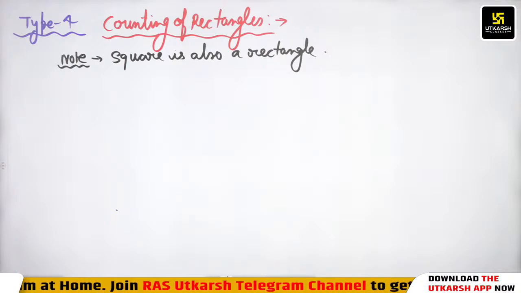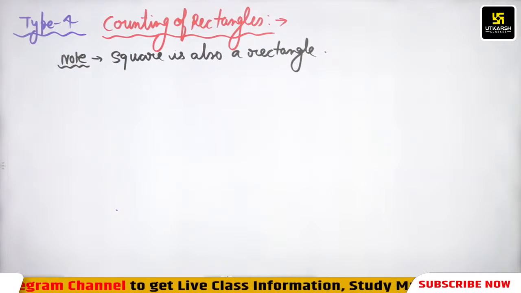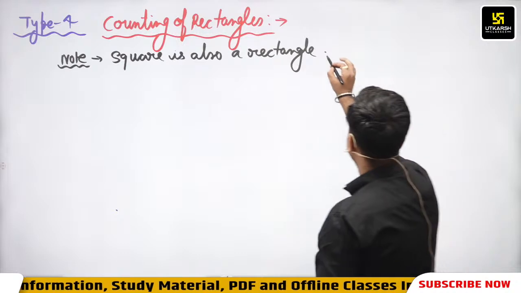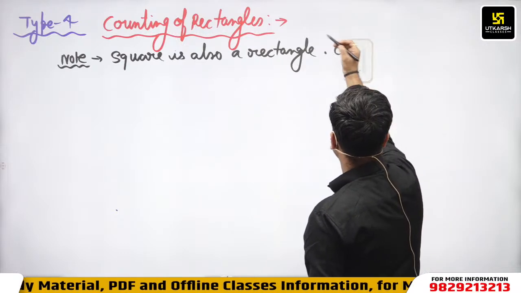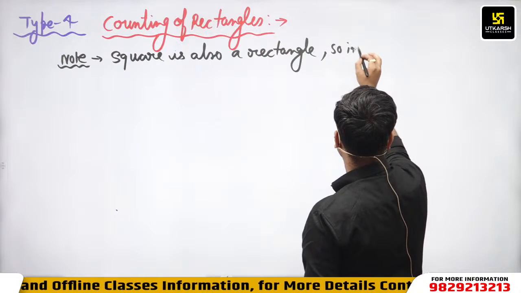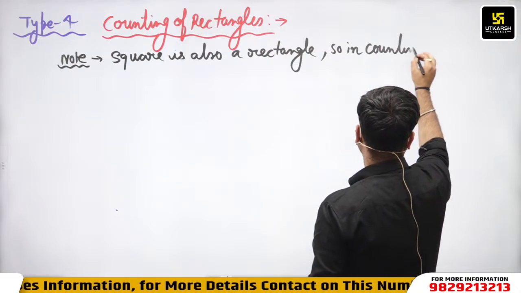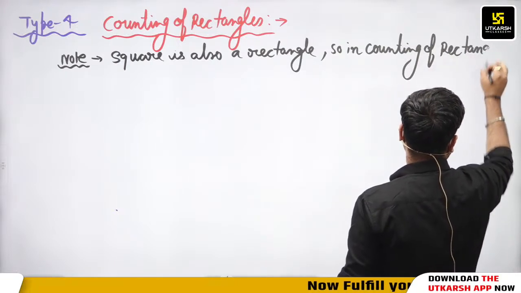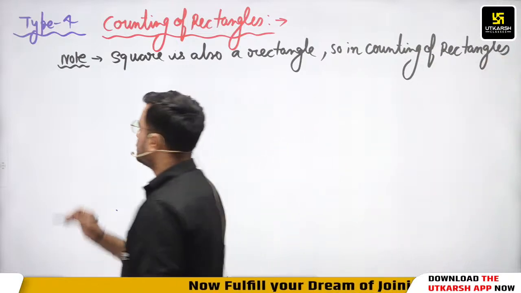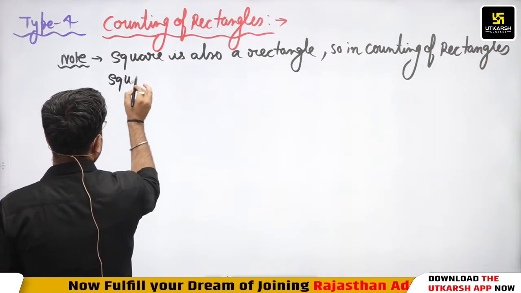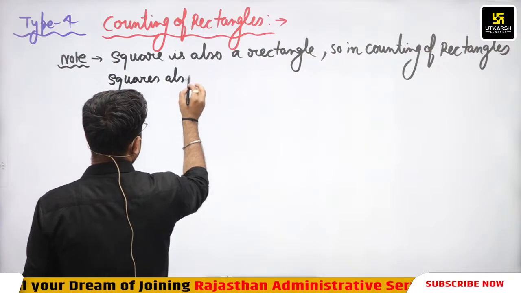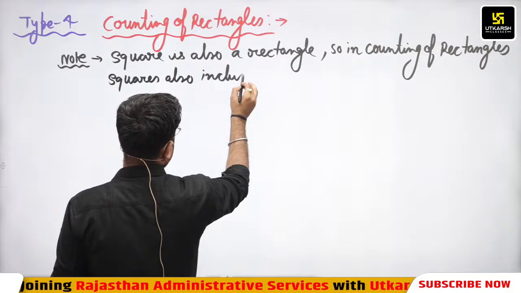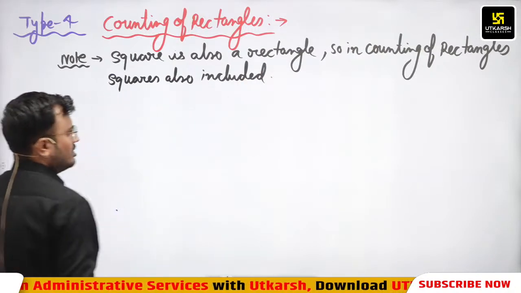So that's why in counting of rectangles we need to count squares also. In counting of rectangles, squares are also included. Okay, is this thing clear?